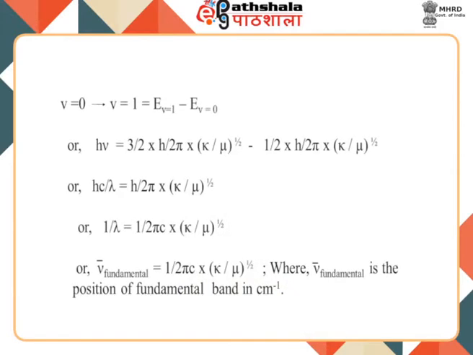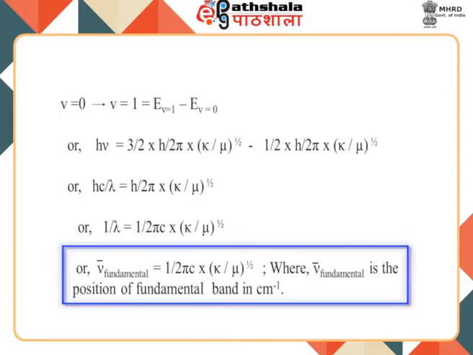The energy required for this transition is given by the energy of electromagnetic radiation absorbed during the transition from V equals 0 to V equals 1, as the energy of the V equals 1 level minus the energy of the V equals 0 level, as shown in this workout, which leads to the fundamental wave number as 1 by 2 pi c into under root of k by mu, where nu bar fundamental is the position of the fundamental band in centimeter inverse.